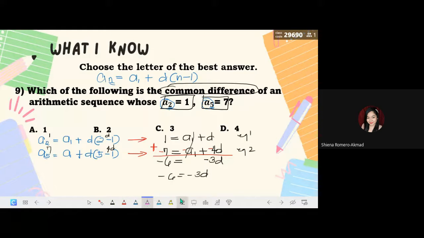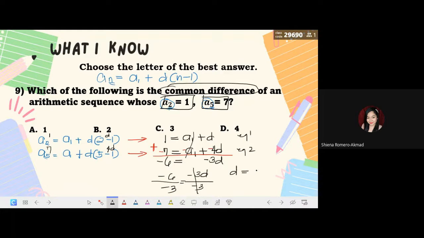And we will divide both sides by negative 3. Okay, so if you divide both sides by negative 3, D now is equal to negative 6 divided by negative 3. Negative 6 divided by negative 3. That is, Esther?